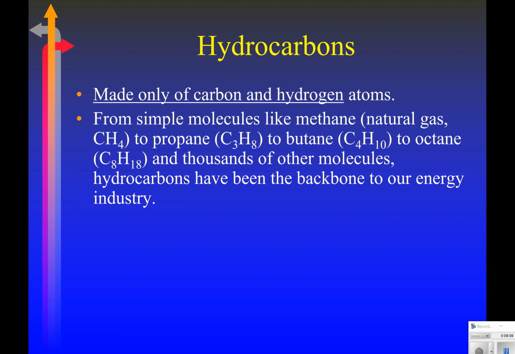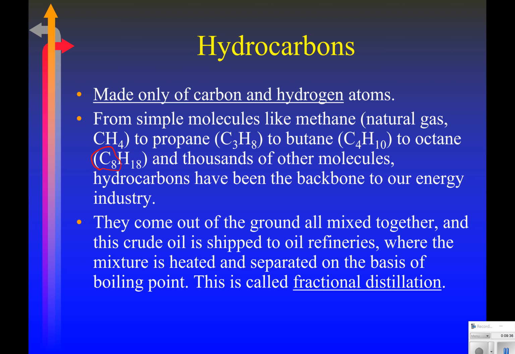They can be simple molecules like methane, otherwise known as natural gas, having the formula CH4, to propane, which is a 3-carbon compound, or butane, which is a 4-carbon compound, all the way up to octane, or gasoline, which has 8 carbons, or any number of thousands of other molecules. And these hydrocarbons have been the backbone to our energy industry for a pretty long period of time, several hundred years at least.